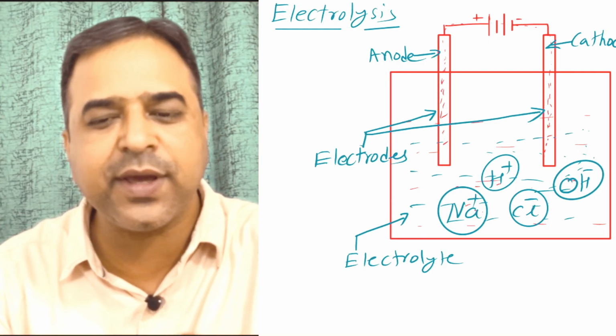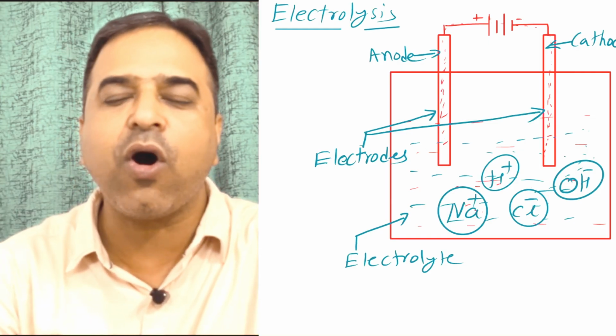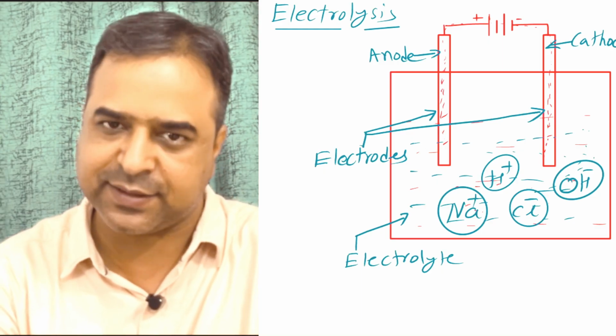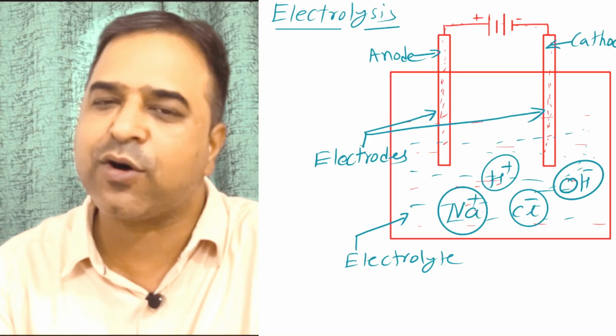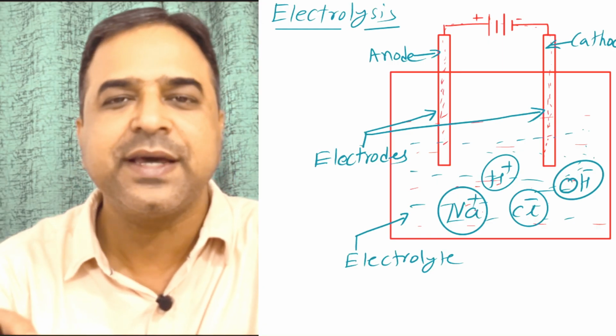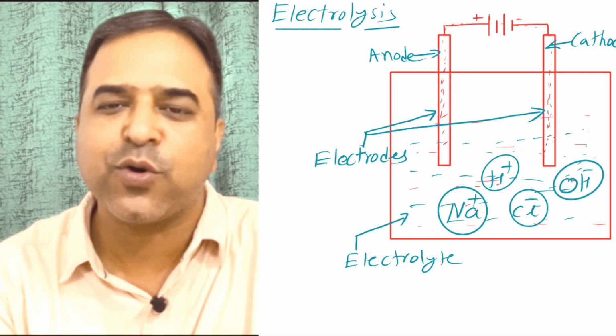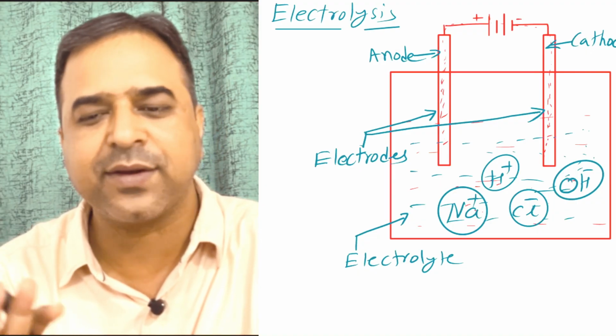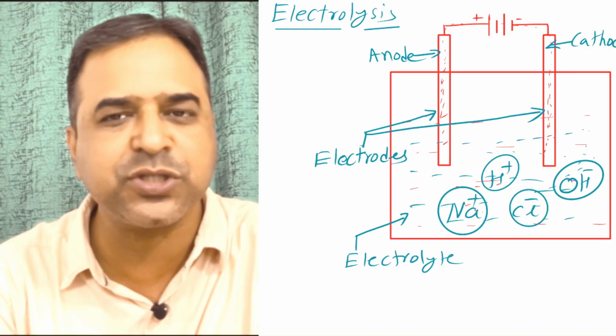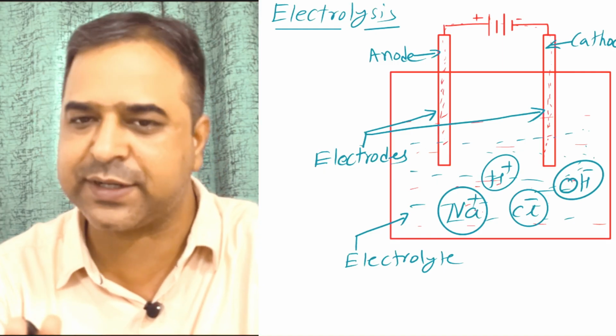Okay, so only in solution form, or they must be in the molten state. Free ions you can get only in these physical forms, either in solution or in the molten state.